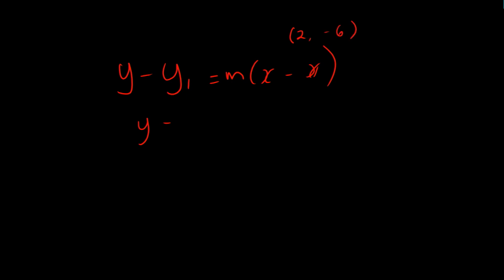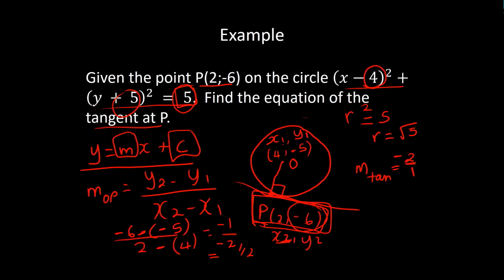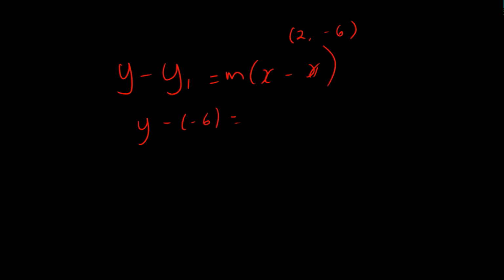So we've got x is 2, y is negative 6. So it's y minus minus 6 is equal to the gradient, which we discovered was negative 2, times x minus x1, which is 2. So we get y plus 6 is equal to negative 2x plus 4.